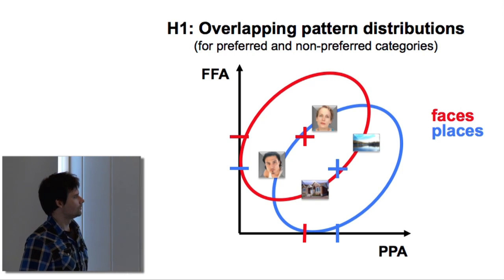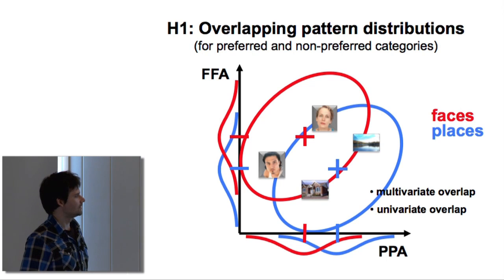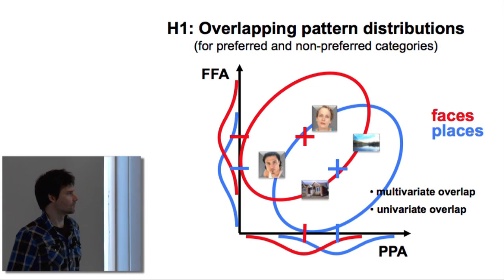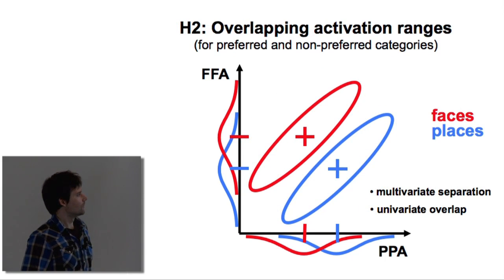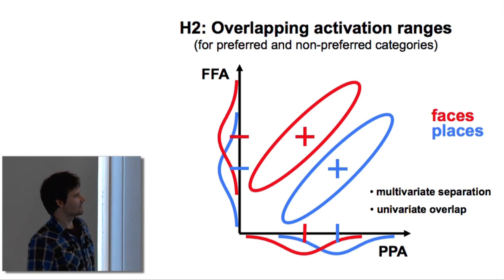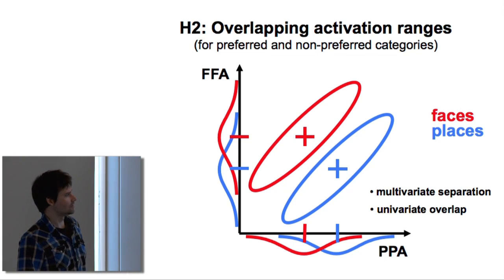So one possibility would be that these distributions are overlapping both multivariately and univariately. In that case, we wouldn't get category clustering for FFA and PPA, and that would mainly be due to the other regions in HIT, which would also be consistent with the finding that we didn't need these regions in order to get the category clustering. Another possibility is that we get these skinnier distributions that are separate when we consider them multivariately.